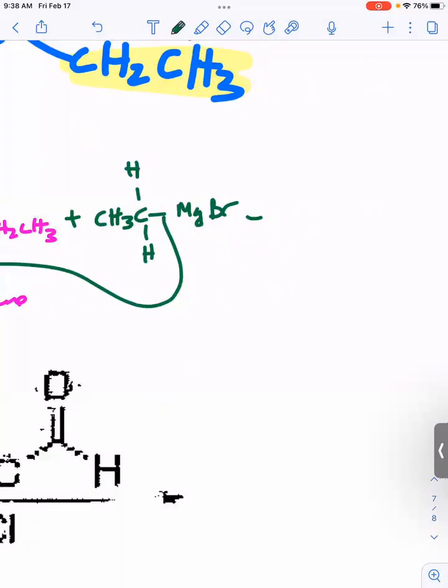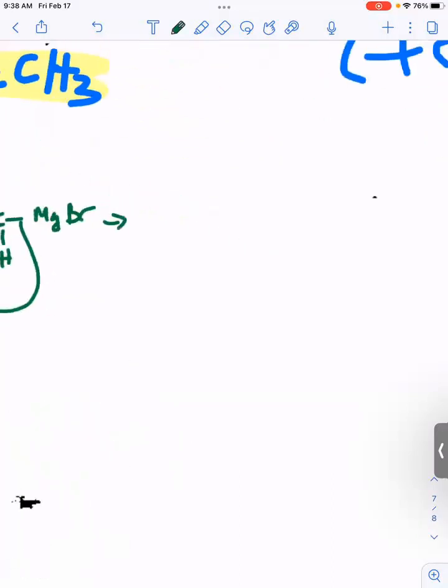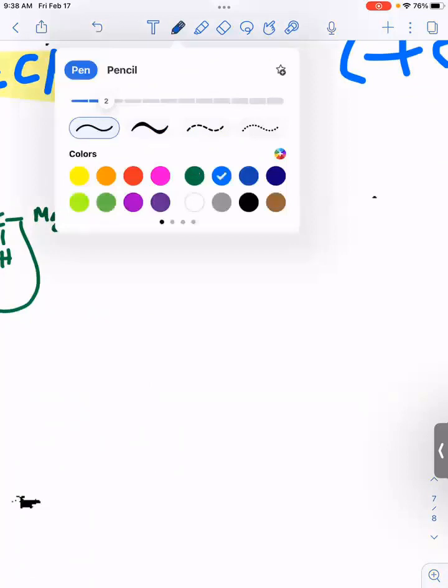Am I going to get another tetrahedral intermediate? From this addition? Yes. I am. Right, it's just going to be with a ketone and not an ester.